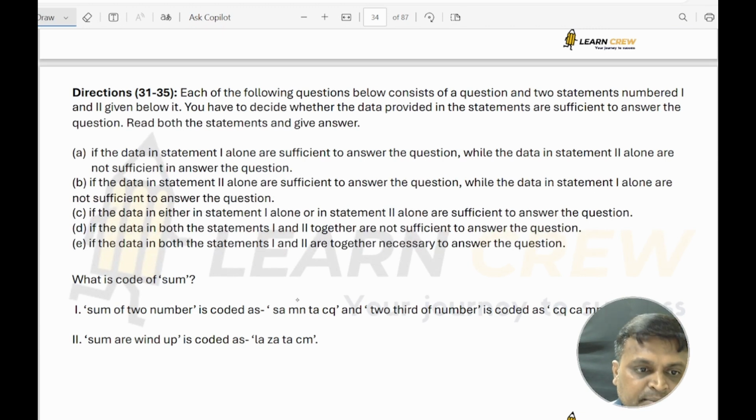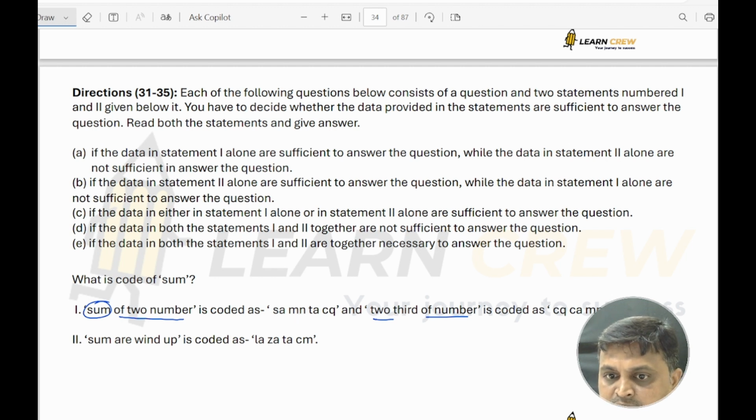What is the code for sum? Sum of two number. SA MN TA CQ, two of number. So sum is the only term which is here. If you see here, two of number. What is common in these?